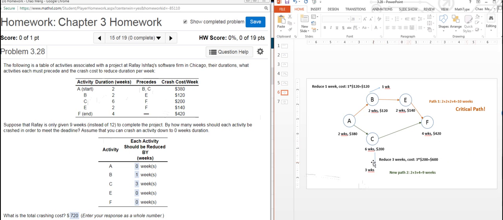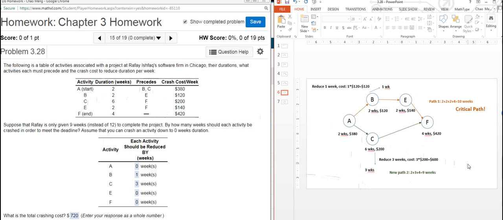After that, we get a new duration for the second path. Because the C activity has become 3 weeks from 6 weeks, the new path is 2 plus 3 plus 4, which equals 9. So we got 9 weeks for this path, and that satisfies the requirement.